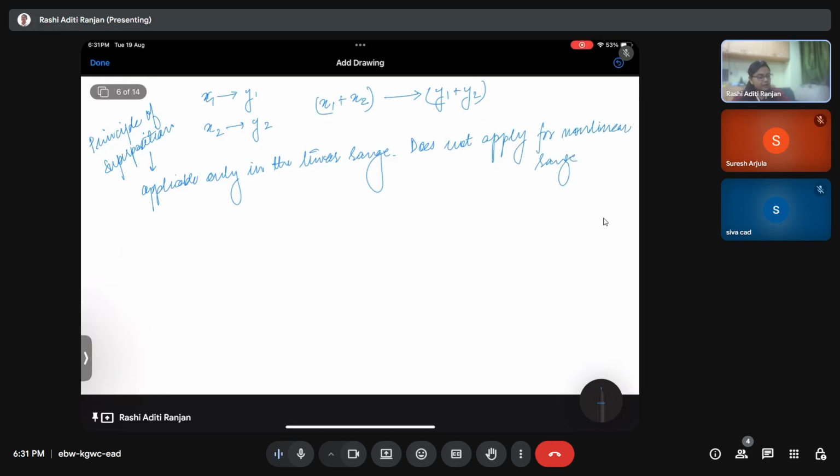Like for example, if I take, let us say, y as a function of x as x, okay?